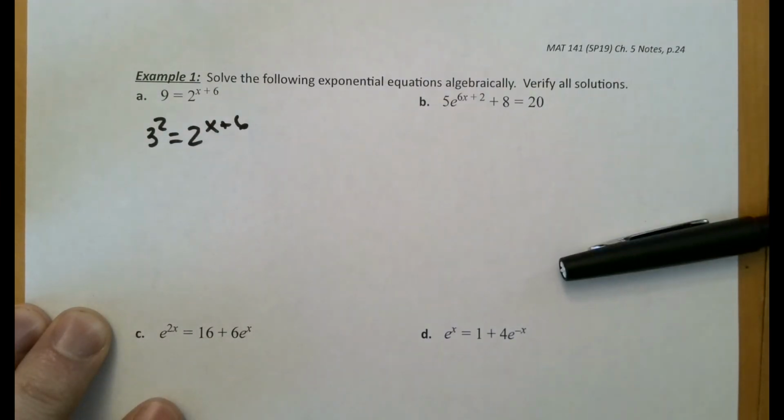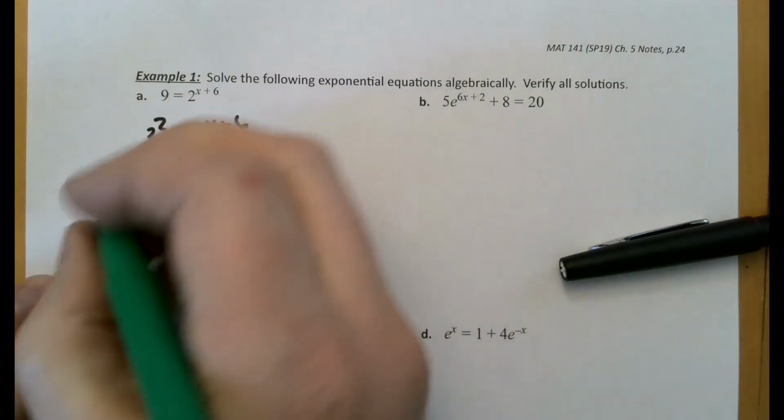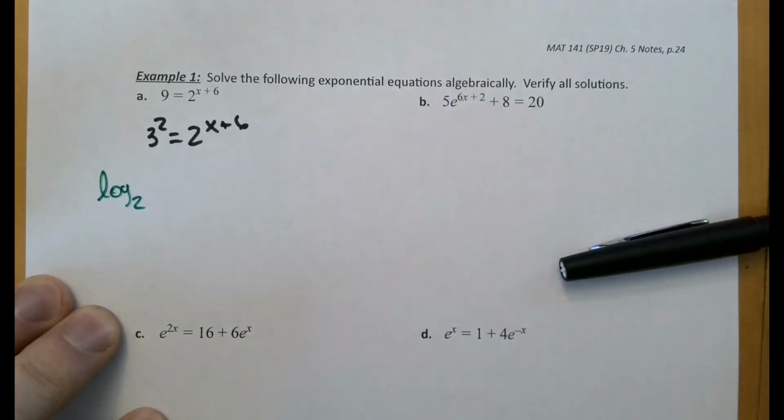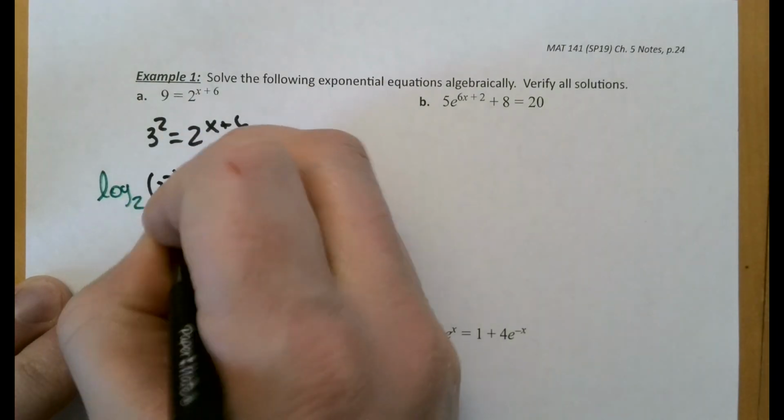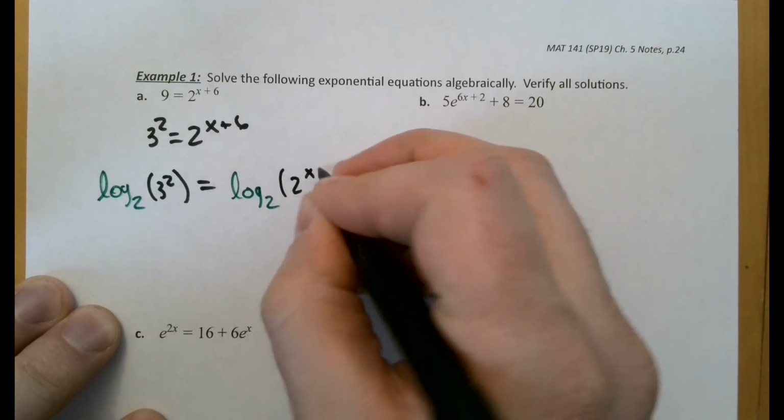I pick a logarithm of any base I want and take that log of both sides. I'm going to pick log base 2. So I'm going to take log base 2 of 3 squared, and that's going to equal log base 2 of 2 to the x plus 6.